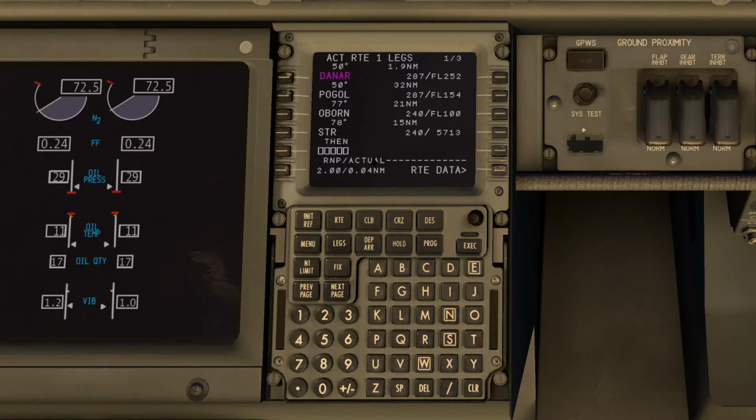So we are selecting runway 23. Runway 23, so the opposite is runway 05.